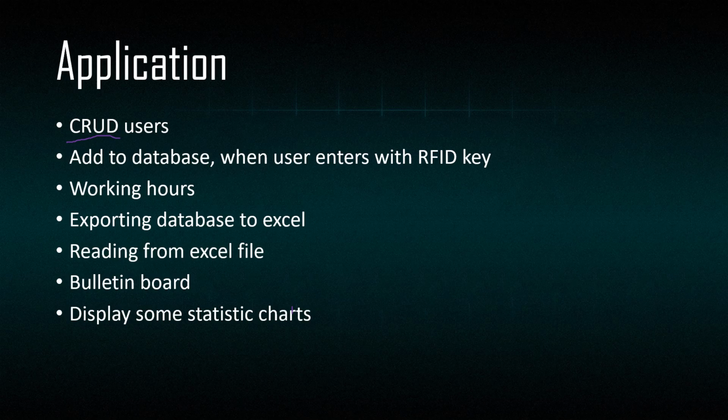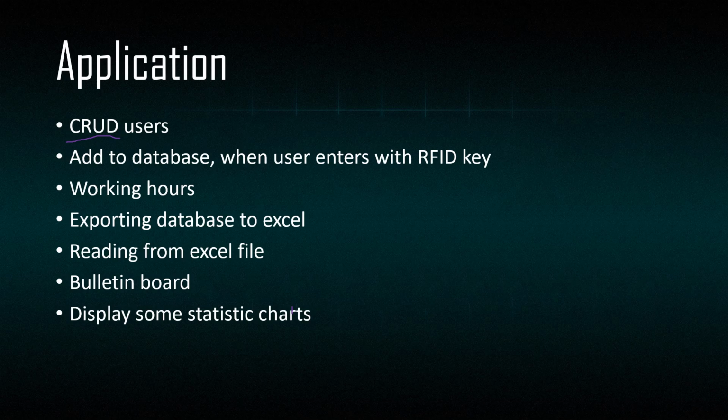Then we will be able to add users to the database. We will also add a record to the database when a user enters with an RFID key. This means when anyone comes to our room, let's say, and unlocks our door, we will save this record in our database.